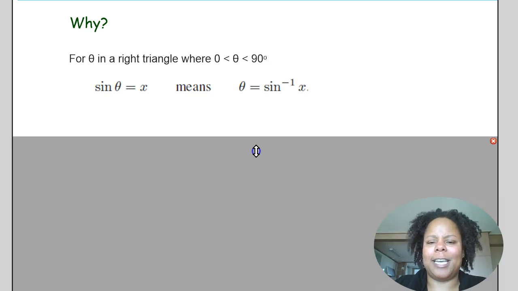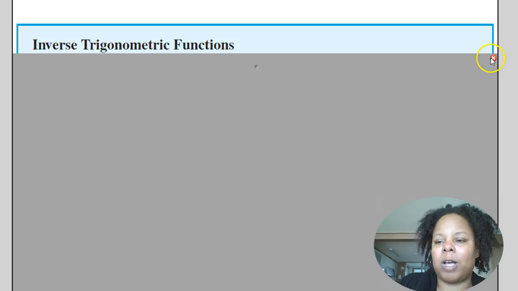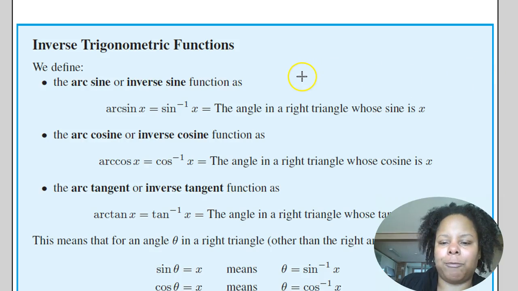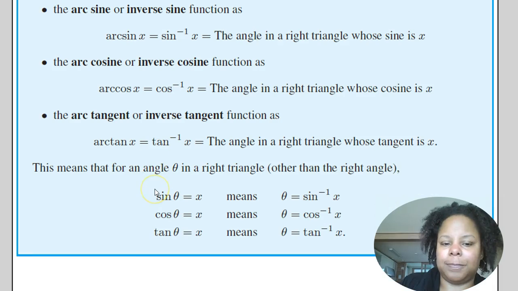I know some of you may be saying, well, that's all nice and good for sine inverse, but what about cosine and tangent, since we're dealing with cosine and tangent? And we do have a chart that goes through that relationship as well. We call it the arc cosine or the inverse cosine. It's the same notation except it involves cosine. And the same thing with tangent and the same definition.